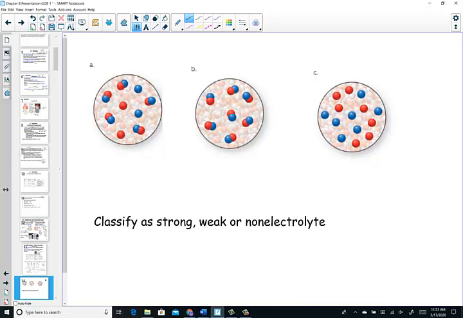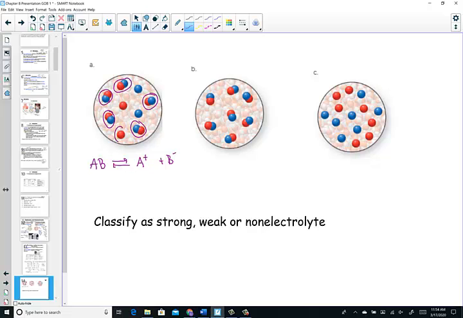In our first picture, I noticed that I have some red and blue atoms in molecular form, noticing that those are non-dissociated, those are molecules. So how about if I just called that compound AB? And then I do notice that some of them are separated into A's and B's.